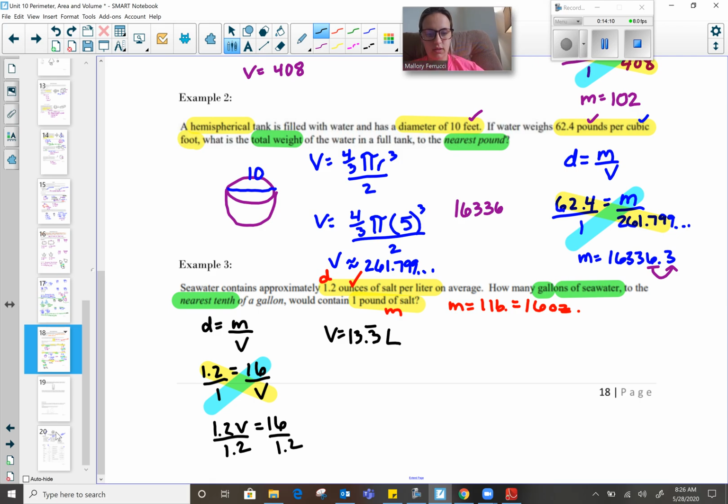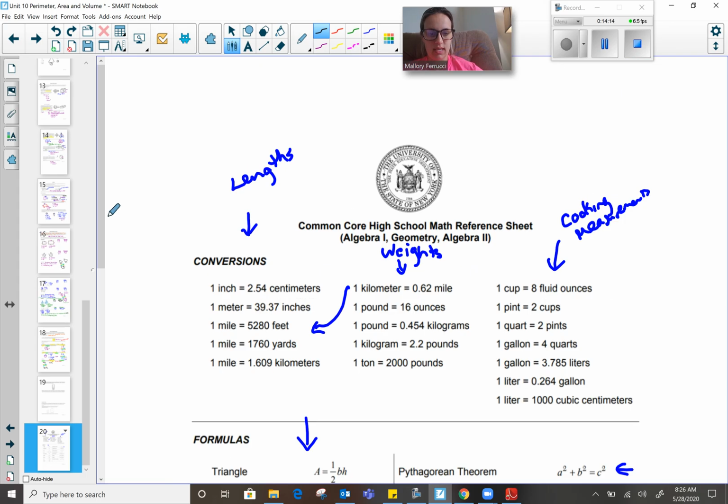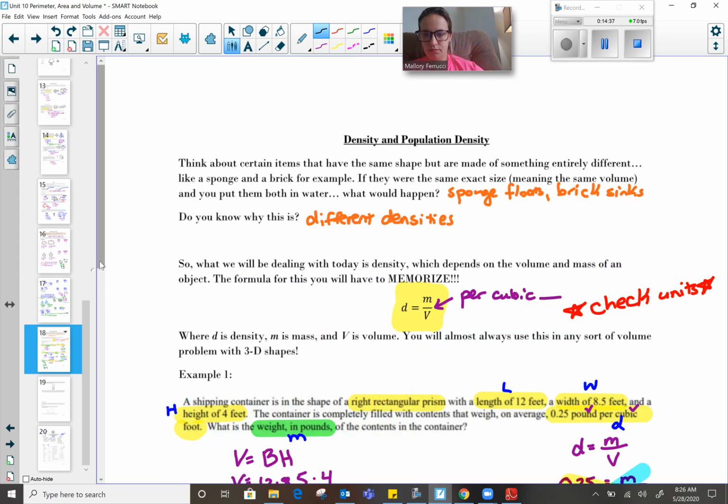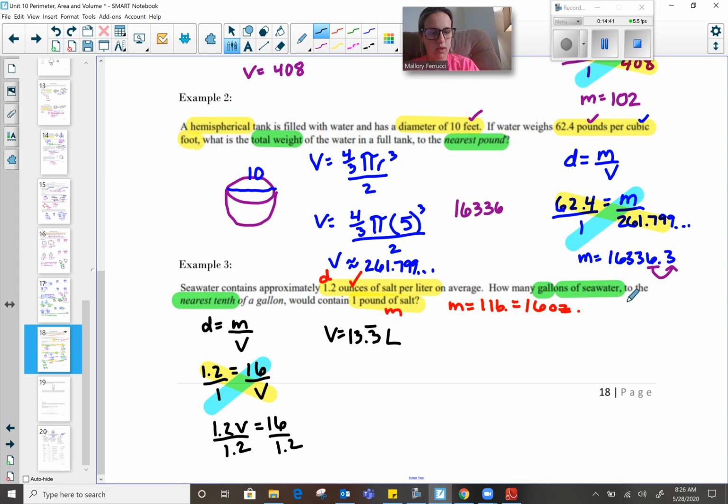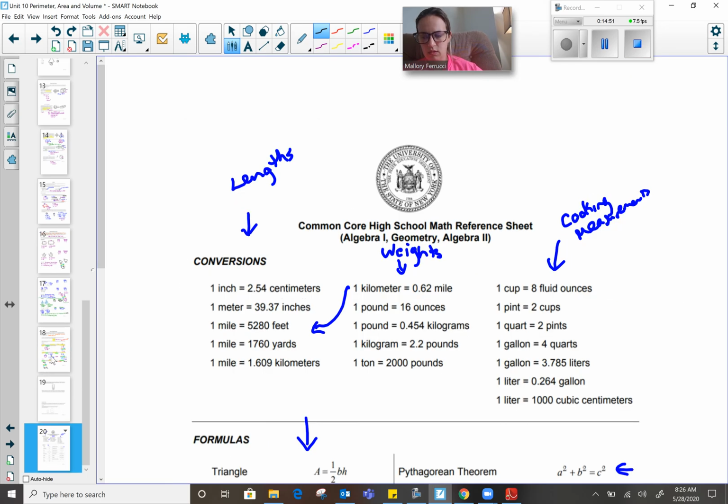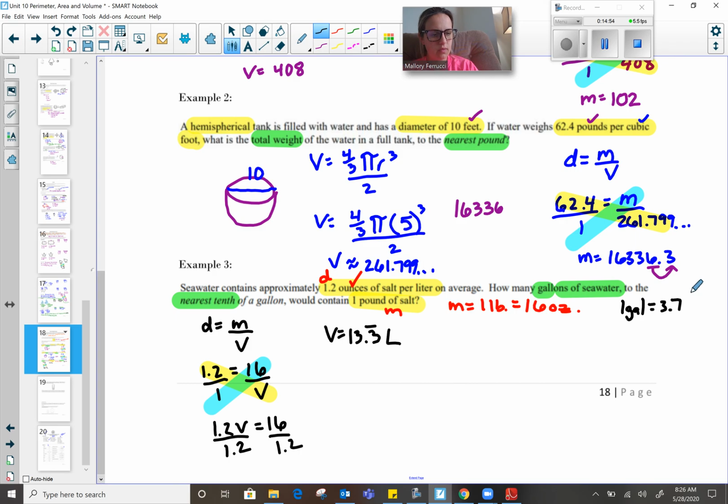So let's look to see if there's a liters to gallons conversion. Yeah, 1 gallon equals 3.785 liters.